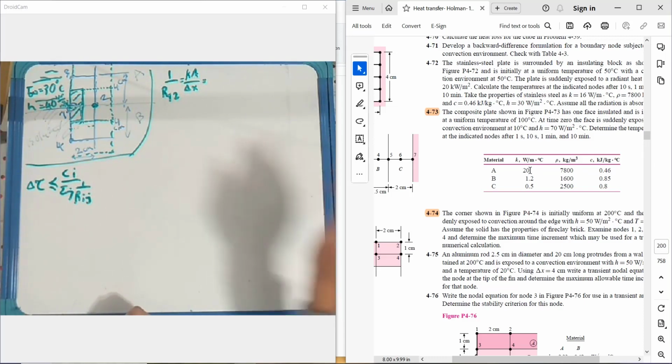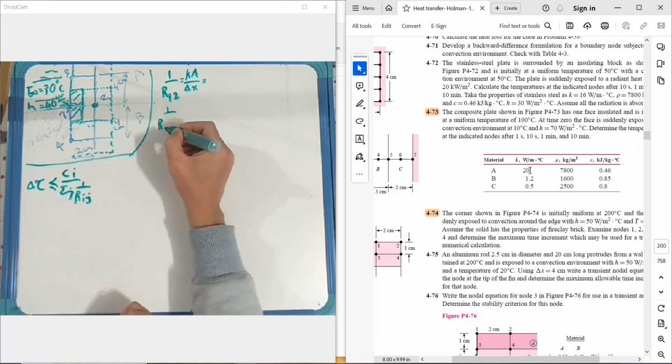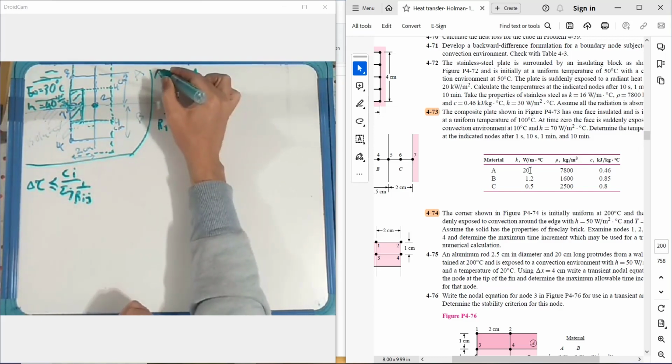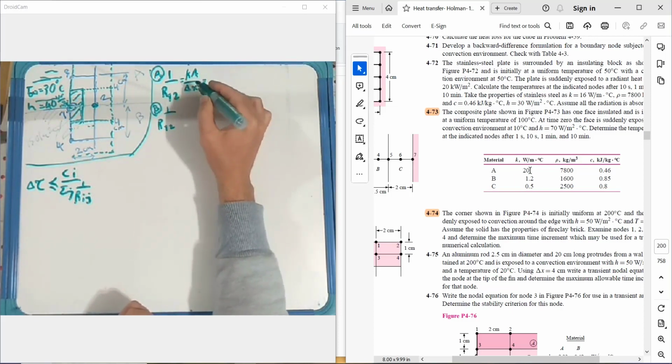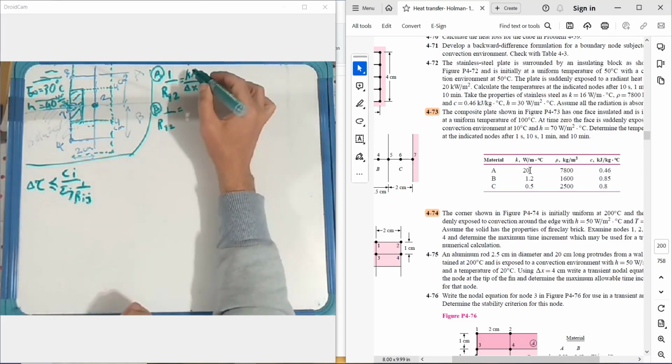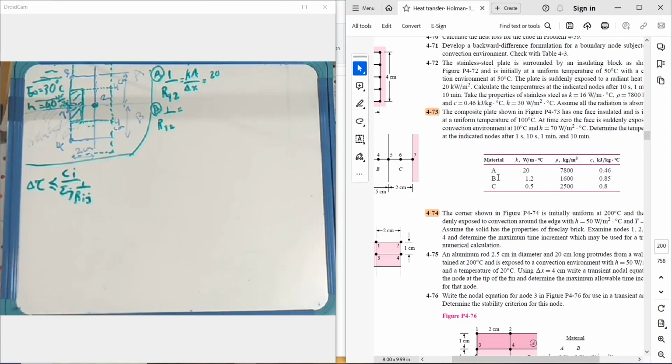For material A it has two sections, so let me write it another time. 1, 2: this is the section for A, this is the section for B. What should we use here for k? 20, because this is A. 20 here, you can see it for A.